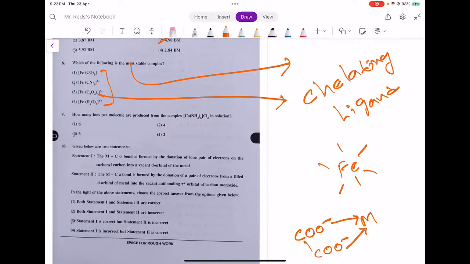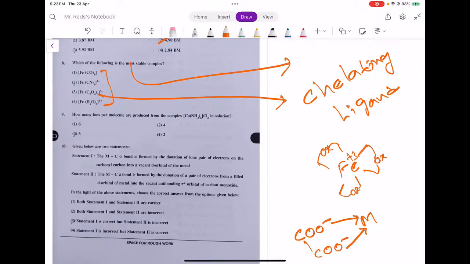The central metal ion is iron, which has plus 3 charge. This is one oxalate ion, a bidentate ligand. A bidentate ligand is donating 2 lone pairs to the central metal ion.